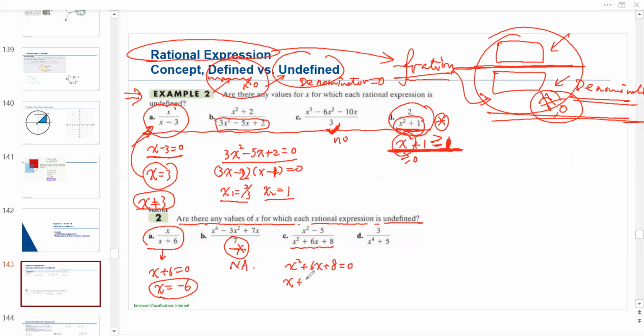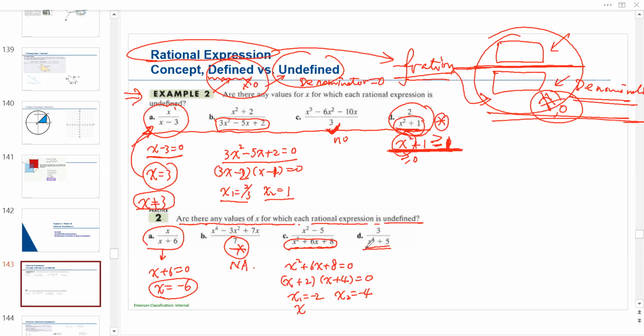So we can use the factoring methods we learned earlier, right? So you got when x equals -2 or x equals -4, they make this denominator become 0. So x should not equal -2, x should not equal -4.